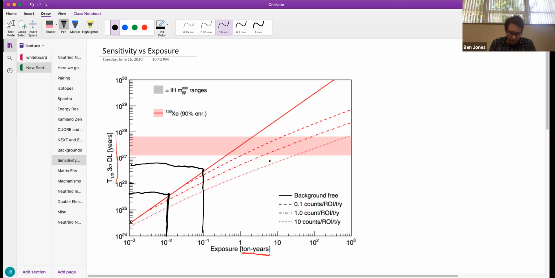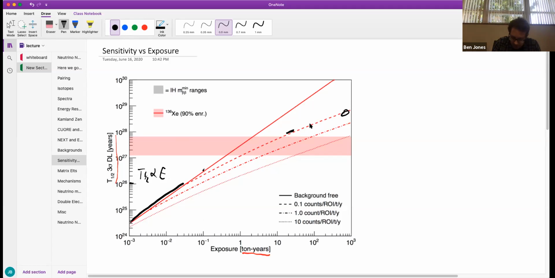Now, these curves, which are not background free, follow what my friends in the IceCube collaboration would call a broken power law, okay? And a broken power law means that down here, like let's take this one, for example, we're following a linear slope. So this means that the half-life sensitivity here is proportional to exposure.